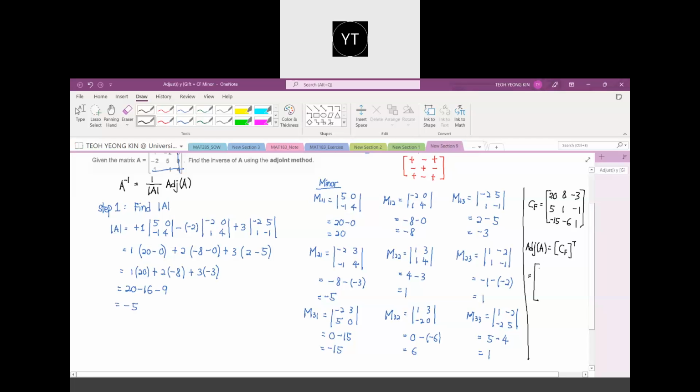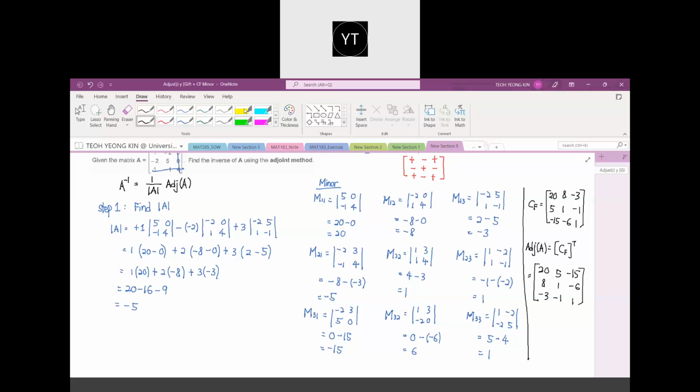Dia akan jadi first column, dia akan jadi lajur pertama 20, 8 and negative 3. Ini adalah transpose. Row number 2 will become column number 2: 5, 1, negative 1. Finally, row number 3, column number 3: negative 15, negative 6, and 1. So from row, now will become column.